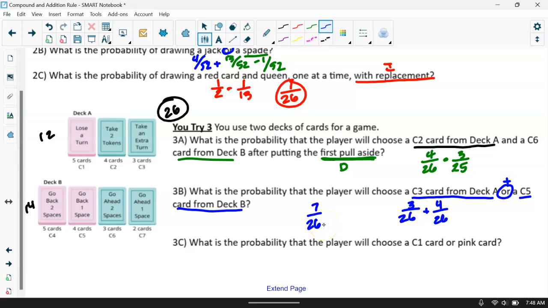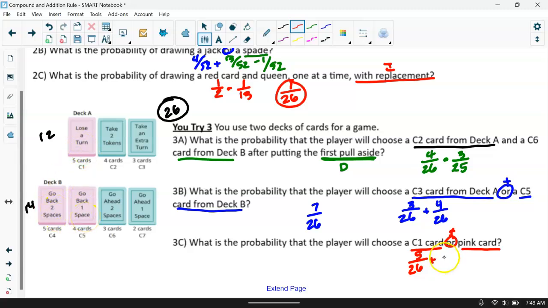Then what is the probability that the player will choose a C1 card, so or pink card? So that's from deck A. So here's another or. So probability of getting a C1 card or pink card. So C1 card is 5 out of the 26. Then we're going to add to that. How many pink cards were there? 14, right?